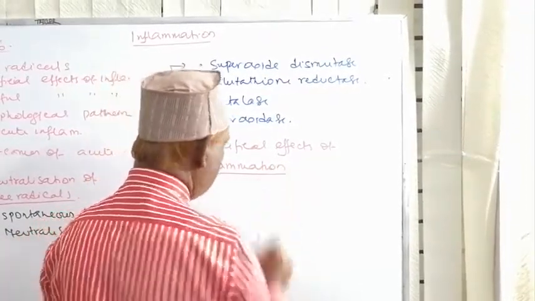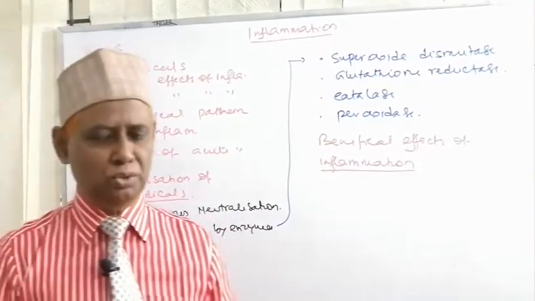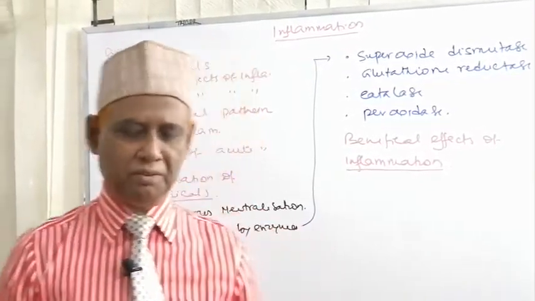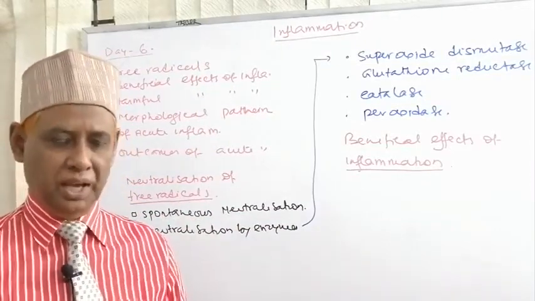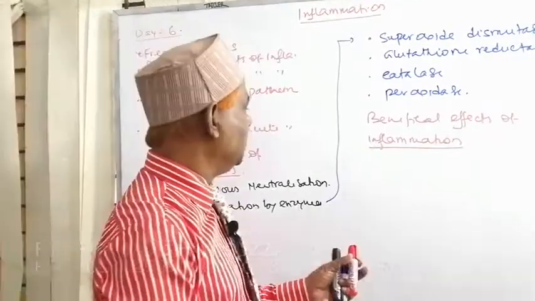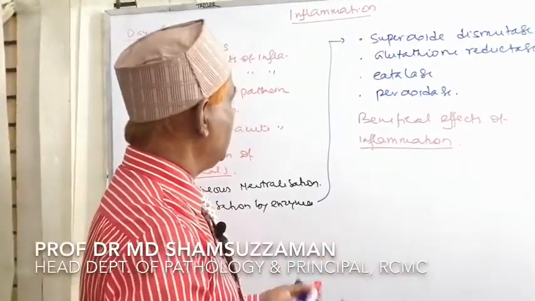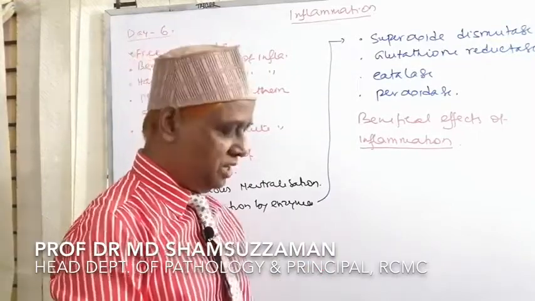Respected audience, we know what is inflammation: reaction of vascularized living tissue to local injurious agent, provided the injurious agent does not destroy the tissue, and this reaction is called inflammation. How is this reaction beneficial for us, how does it give benefit in our body? These are the beneficial effects of inflammation.